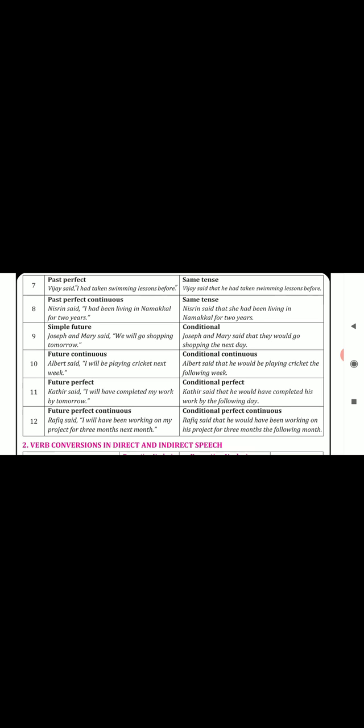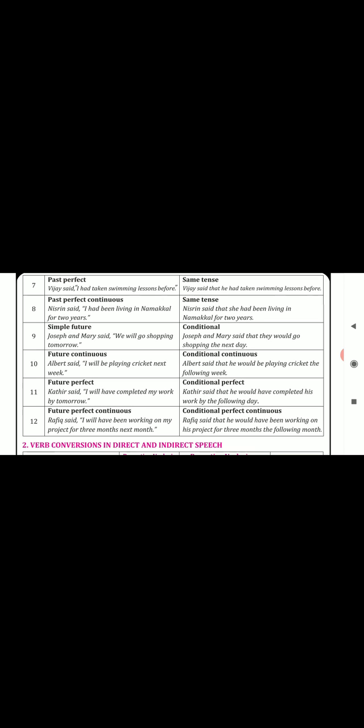So let us know the changes in indirect speech. Joseph and Mary said that they would go shopping the next day. So here will becomes the past form would go.